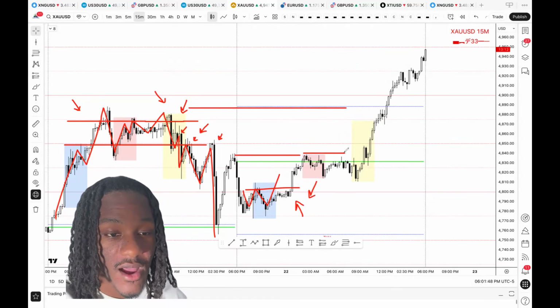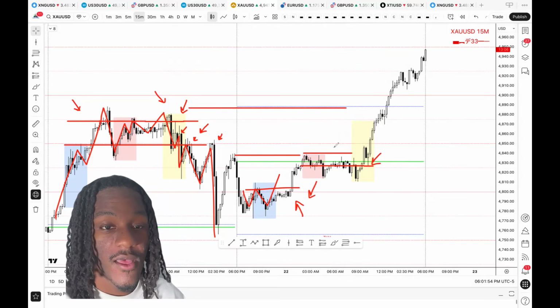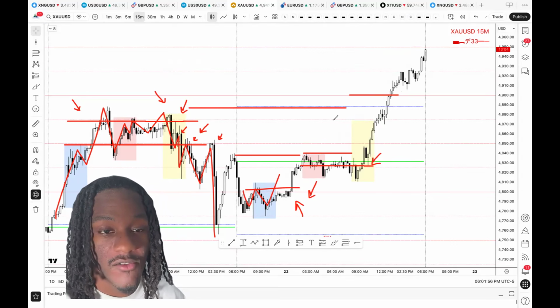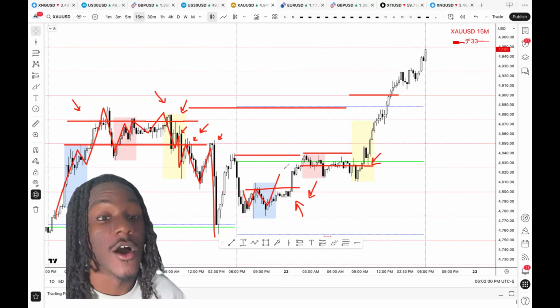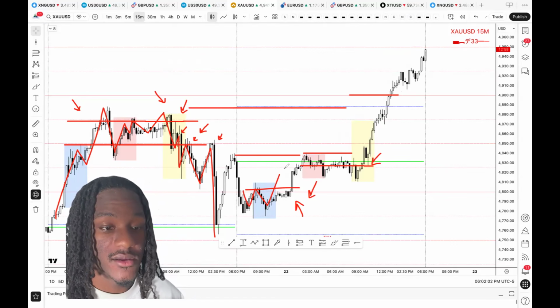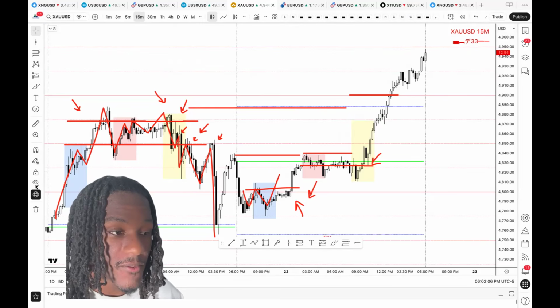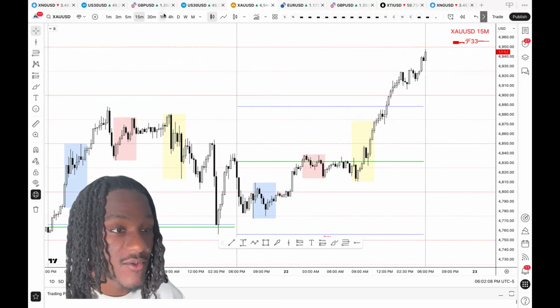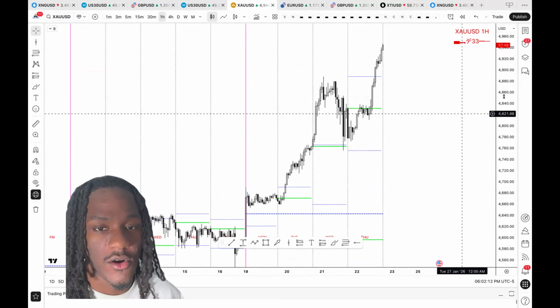They give us a higher high and pull back to what? 25. And where do they take off? From 25 back to the top of the box. This is a buy low setup. Buy low setup. We are on the front side. We're heavily on the front side of this market on gold.